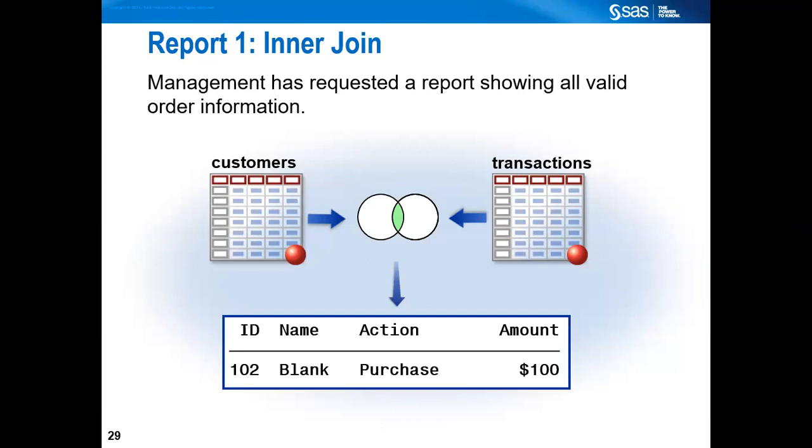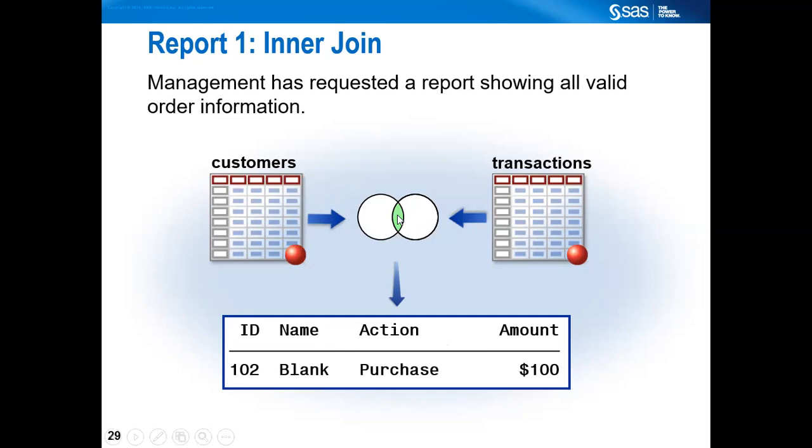The first report we have to generate is via inner join. Management has requested a report showing all valid order information. So this is valid, that means customer and their transaction. Currently we have only the common row, which is one customer common in both the tables. So this is inner join.